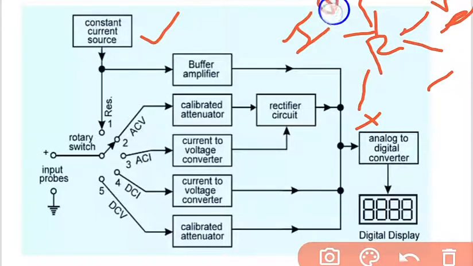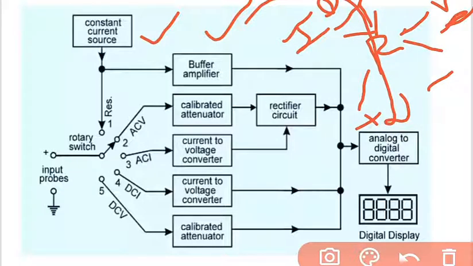Since you are using DC current, there is no need of a rectifier circuit. This voltage is a DC voltage, then the buffer amplifier does the adjustment between the further circuit and the circuit behind. So you will get the DC voltage which is converted to digital and calibrated on the digital display, such that you will get the resistance value.